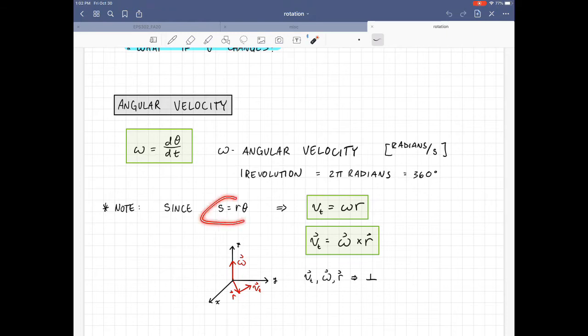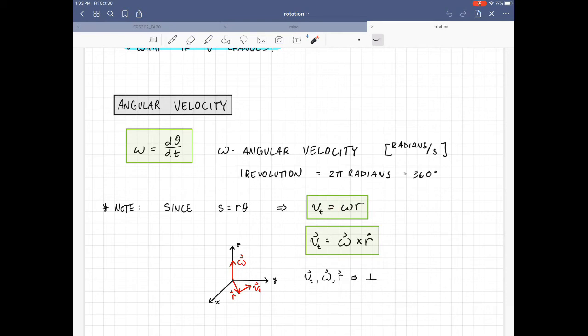Now, remember, since s, the path length corresponding to the object moving on the circle, is related to the product of r and theta, then our translational speed, just like this is our linear position quantity, is omega times r.